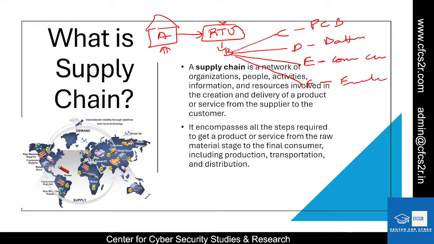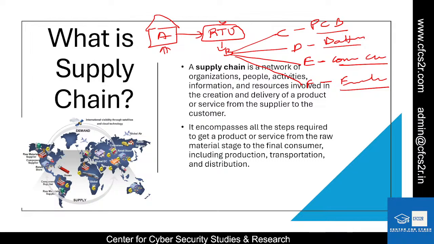Because a single company cannot manufacture each and everything for the complete product, you need to be dependent. Even a car manufacturer is not manufacturing each and everything on their own. Tires are from a certain company, MRF, and the windshield is from Saint Gobain, and probably steel is procured from Tata.